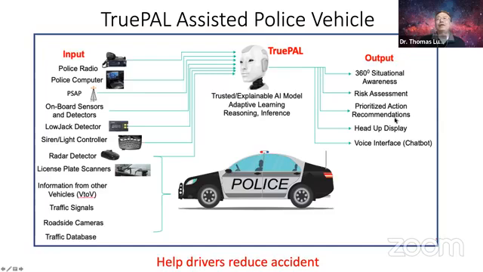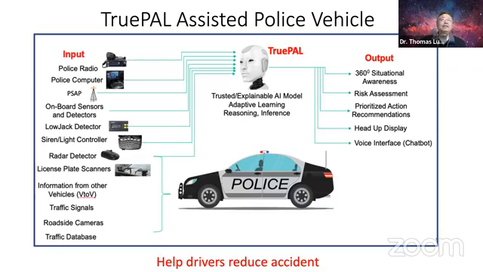Because we need to prioritize it. If there's a danger of crash, then we need to immediately tell the police. All right, then we have some kind of interface that can easily communicate with the police. All right, the goal is to help drivers reduce accidents.